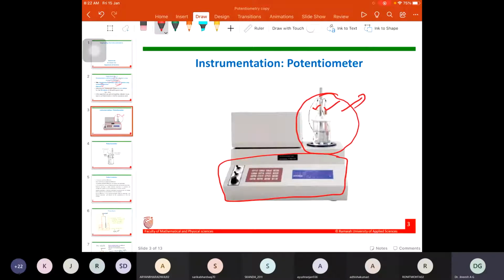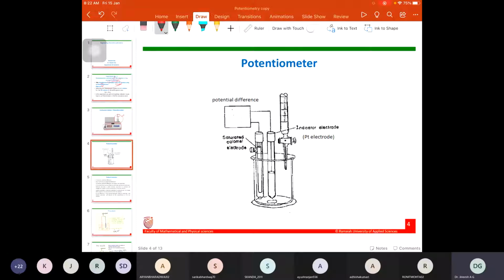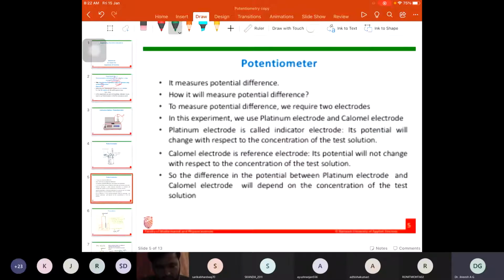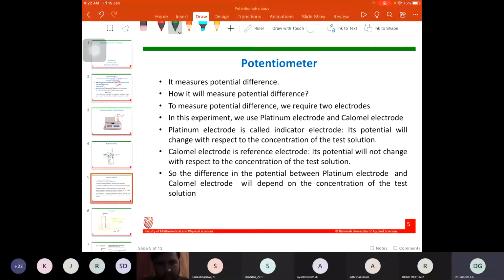In the present experiment, we will use the reference electrode as calomel electrode, and the indicator electrode as platinum electrode. Now I will go back to your theory, where the difference between an indicator electrode and a reference electrode is mentioned. Do you know what is the difference between an indicator electrode and a reference electrode?